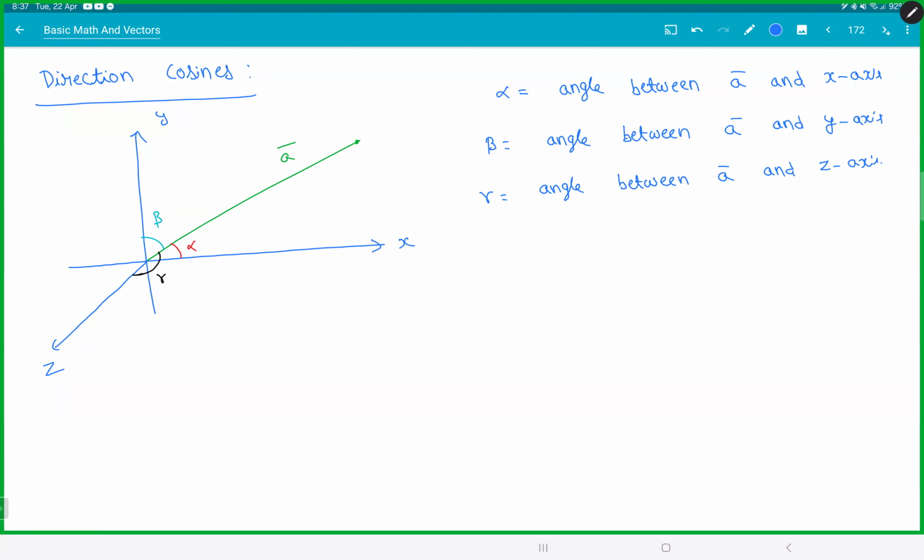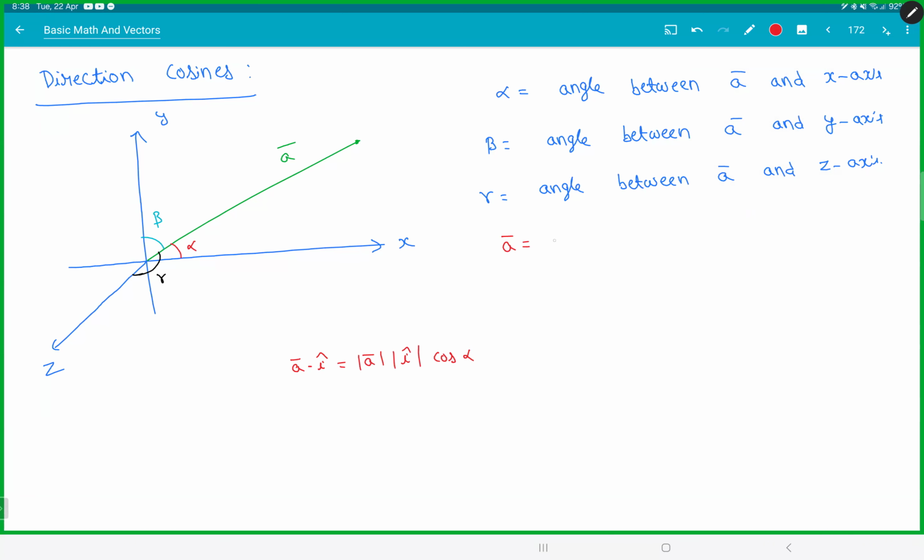I cap, isn't it? So if you take a bar dot I cap, this is mod a bar, mod I cap, cos alpha. Does it make sense? The angle between a bar and any vector on the x-axis, I cap, will give you the angle between both of them.